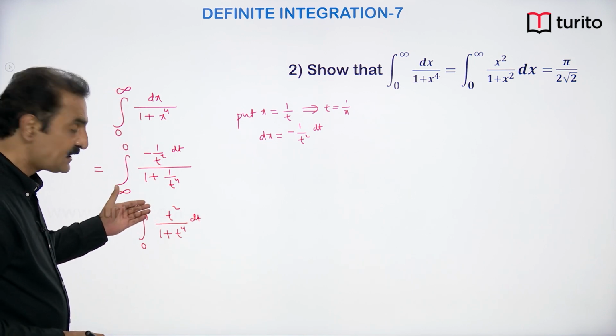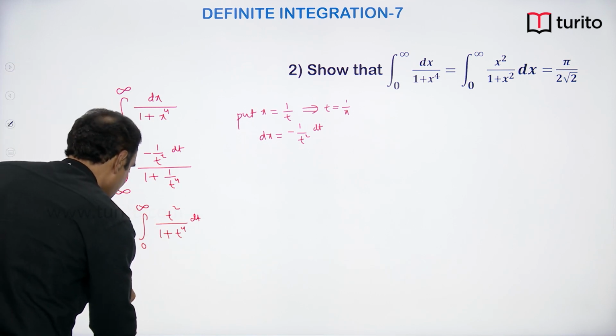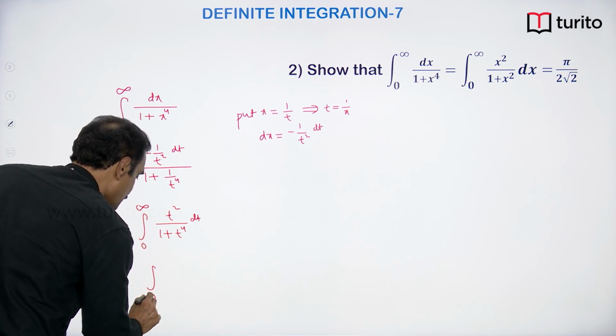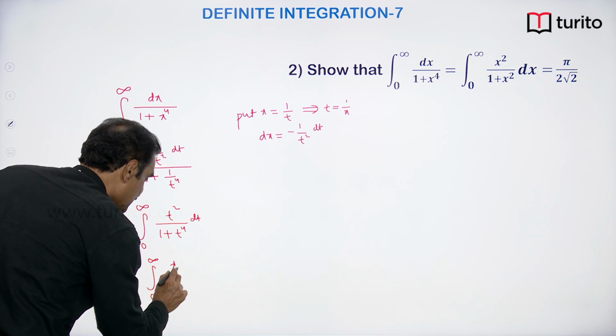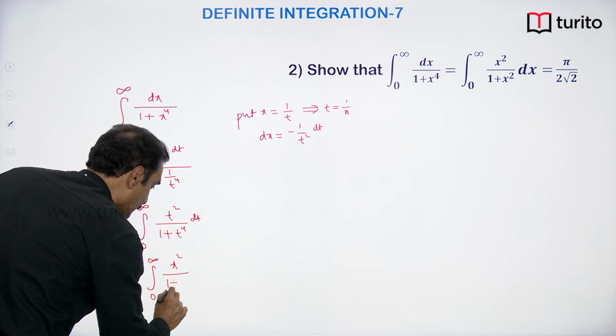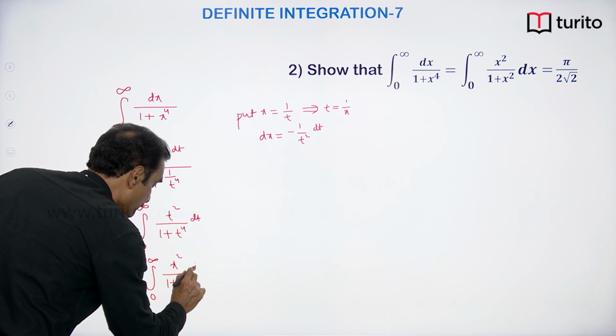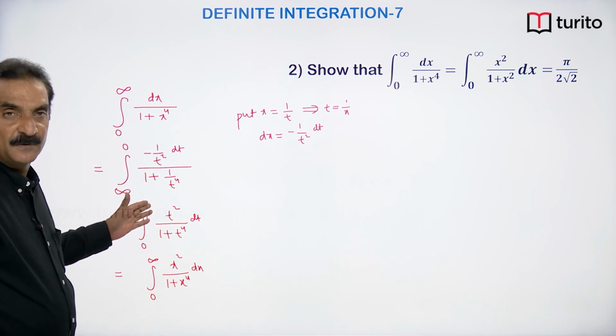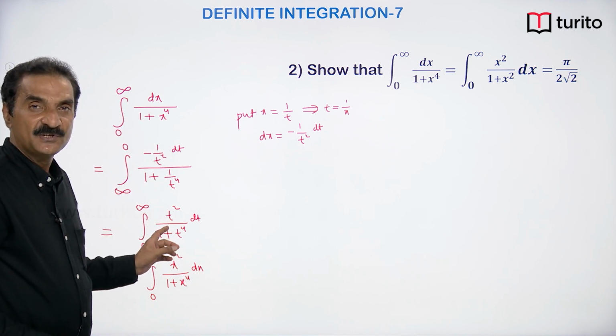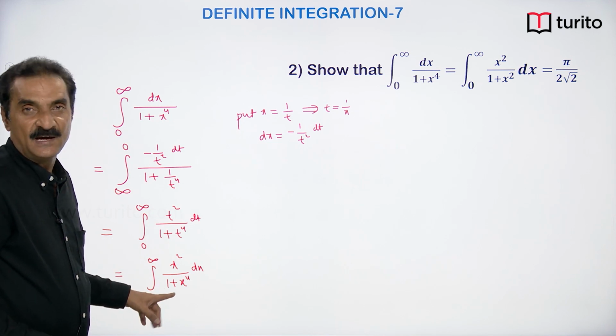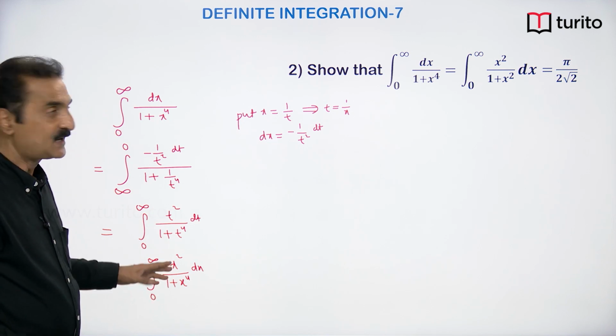Now, we can write this integral as integral 0 to infinity x square by (1 plus x power 4). Without changing the limits, without changing the function, we can replace t by x. That is the property of definite integral.